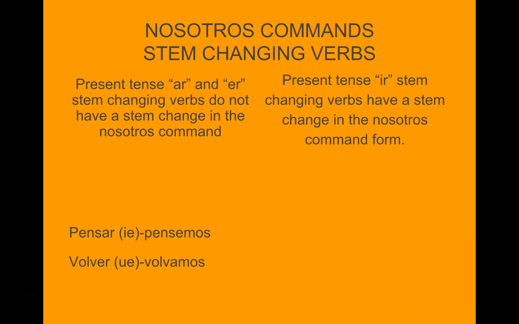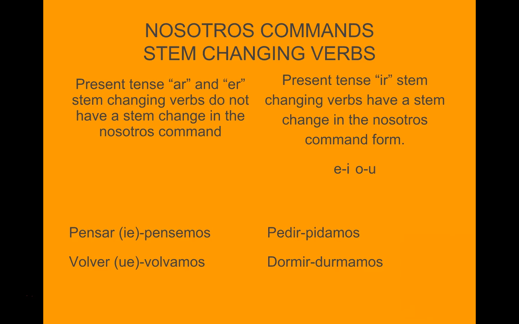Present tense IR stem changers, however, do have a stem change, and there are 2 changes. The E changes to an I, and an O changes to a U. Pedir is an E to I stem changer in the present tense, and it's an IR verb, so the nosotros command is pidamos.